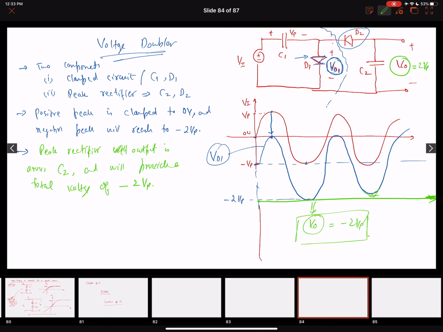And since it is double the input peak, it is called a voltage doubler. All right, so we can use such circuits, voltage doublers, when we need higher amplitudes of our input signal. Okay, so this was the last example of the diode, and this finishes up our diodes chapter.